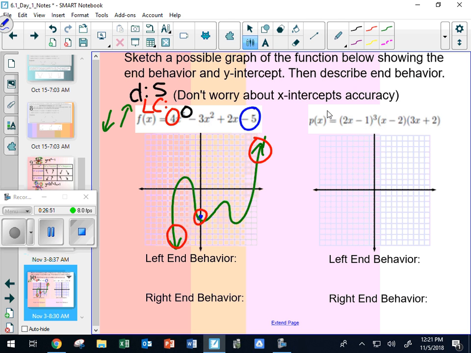The degree? Okay, so we have a degree of 5. How did you get a degree of 5? So you just looked at those x's. Okay? All right, we have the degree.